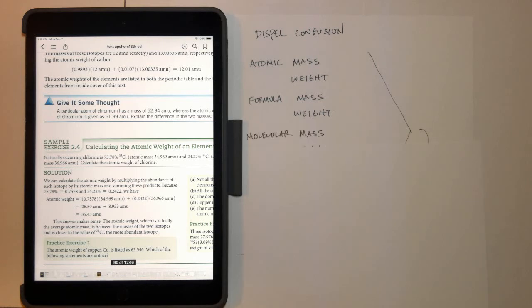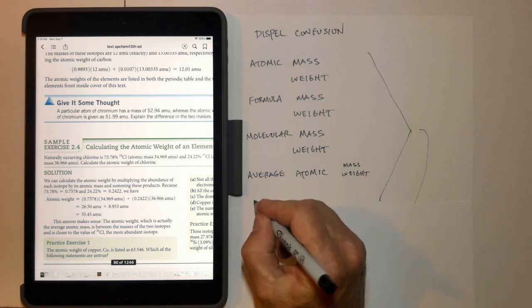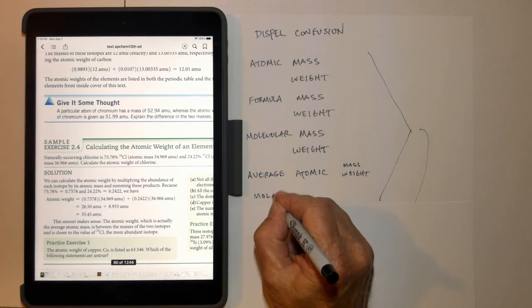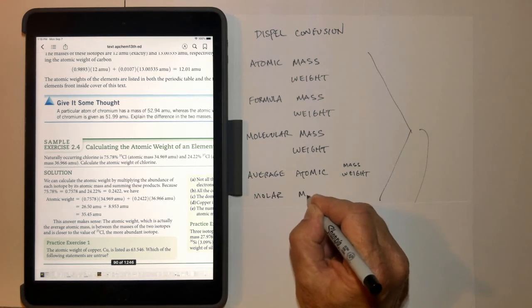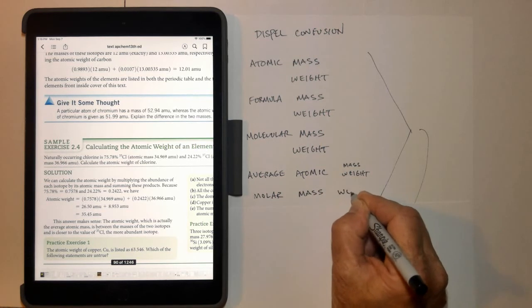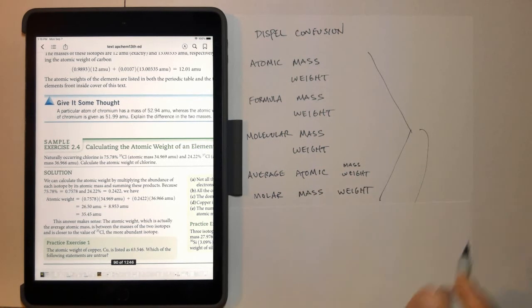Sometimes you'll hear it termed molecular mass or molecular weight, or average atomic mass or average atomic weight. Another one you hear sometimes is the molar mass or the molar weight. We'll get into that more in Chapter 3, but all of these mean the same thing.